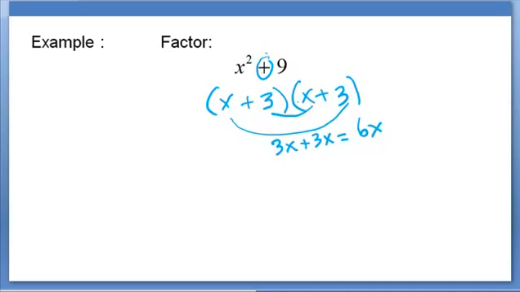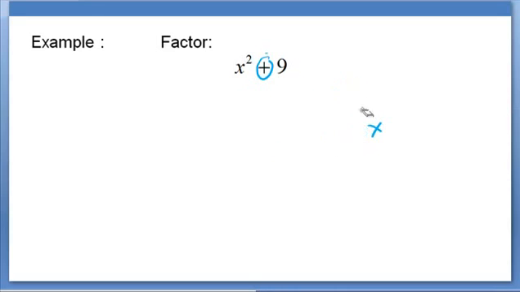But to have different signs, this must be a minus. So we've tried these things, but they're not going to work. So this one is prime. It's not going to factor, so we will just say it is prime. And the plus is the clue.